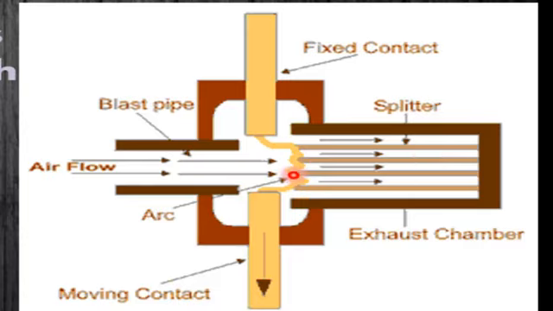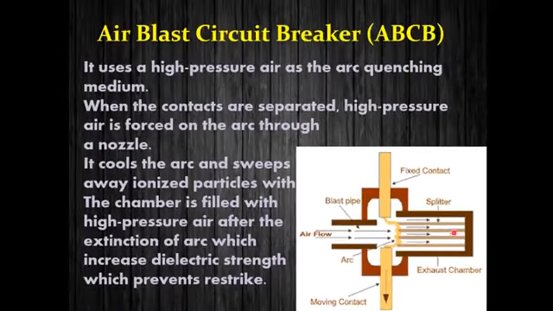This helps in cooling the arc, and this high blast of air sweeps the ionized particles away within this chamber. The chamber is filled with high pressure air after the extinction of the arc, which also increases the dielectric strength of the air, which prevents restriking, or prevents re-establishing of the arc.